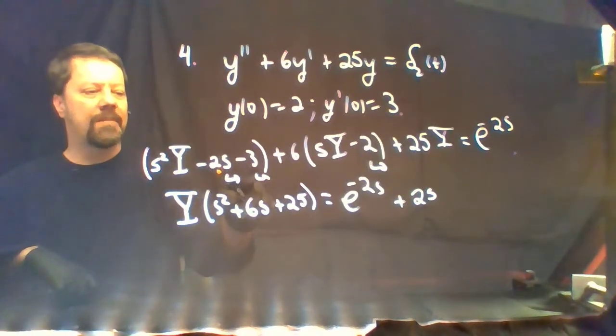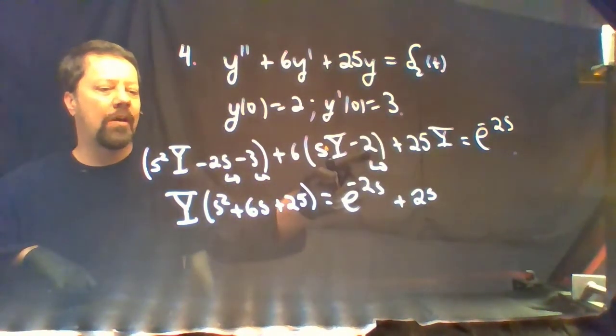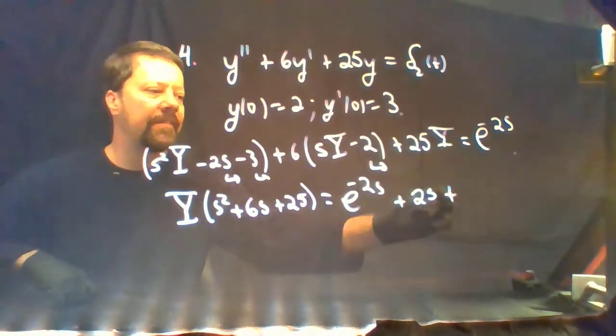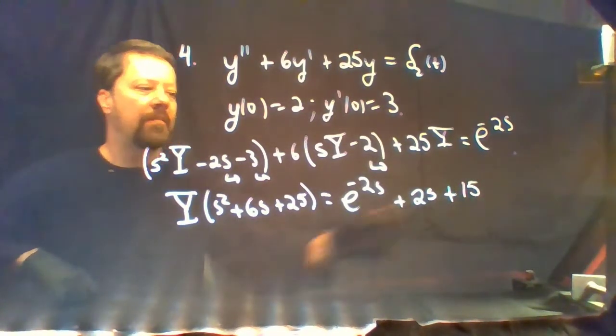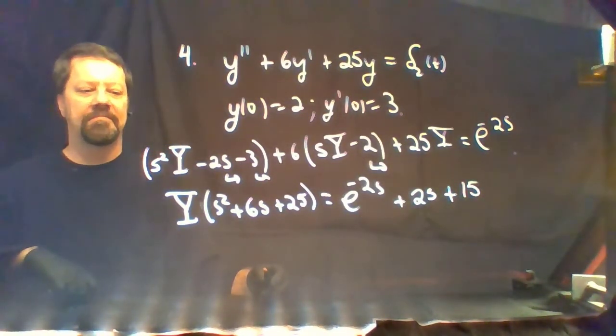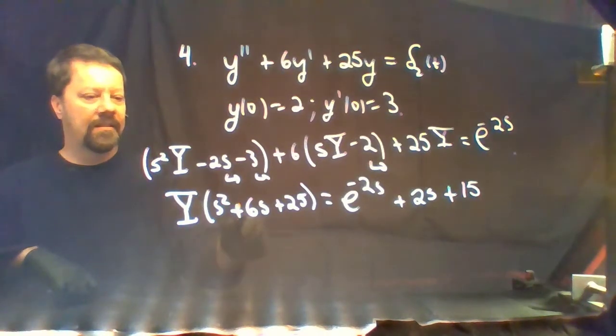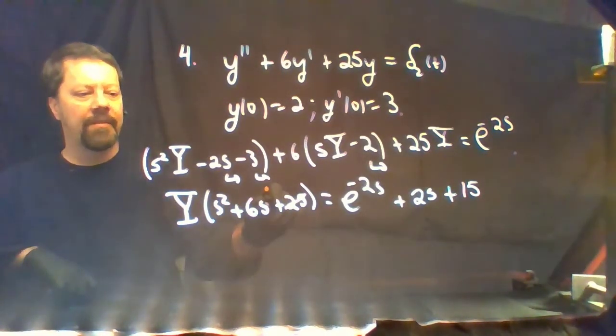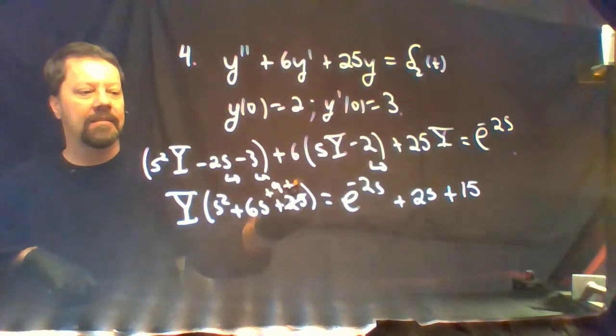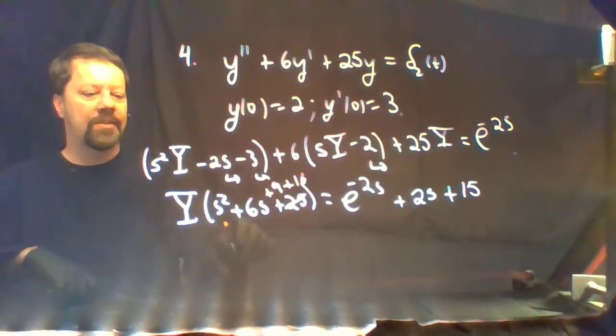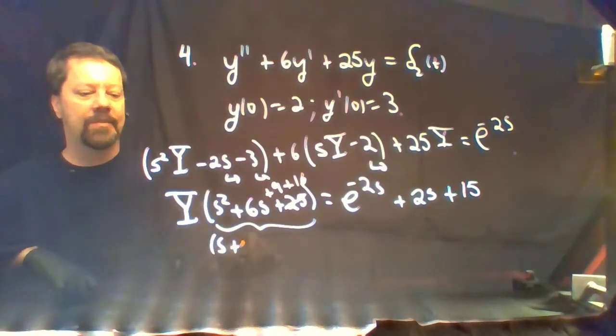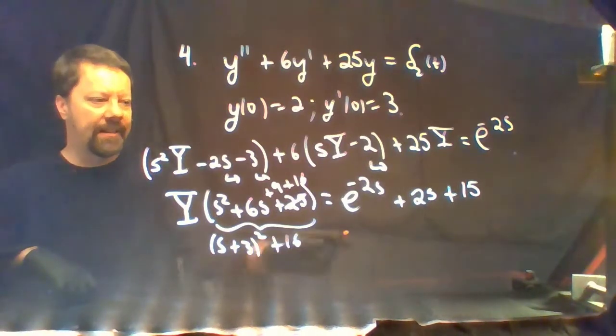This is going to be a 3, and we're going to have a 12. 3 and 12 makes 15. Keep in mind that you'd really rather have plus 9. So we can rewrite this part here as s plus 3 quantity squared plus 16, and then divide it off.